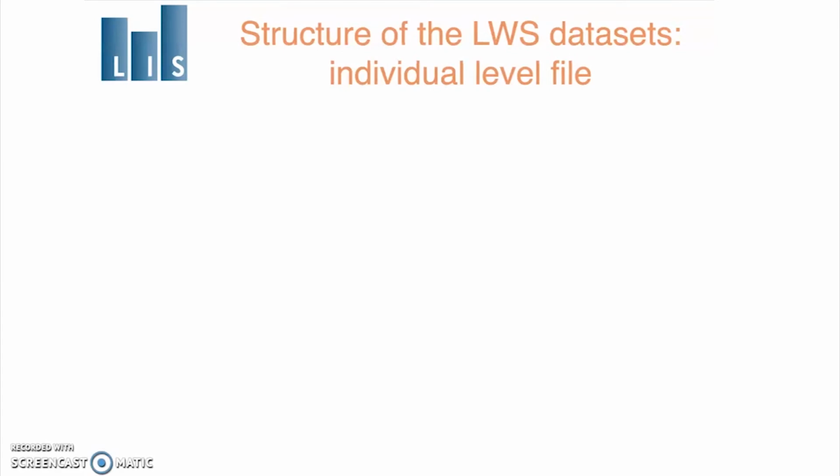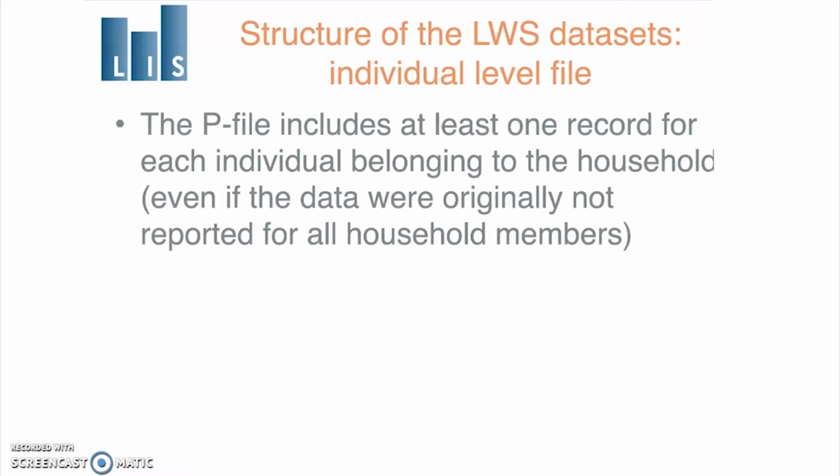What about individual level file? The P file includes at least one record for each individual belonging to the household, even if the data were originally not reported for all household members. For instance, in several datasets, only the basic information, for instance age and gender, was collected for all household members, and full information was collected only for head and spouse.